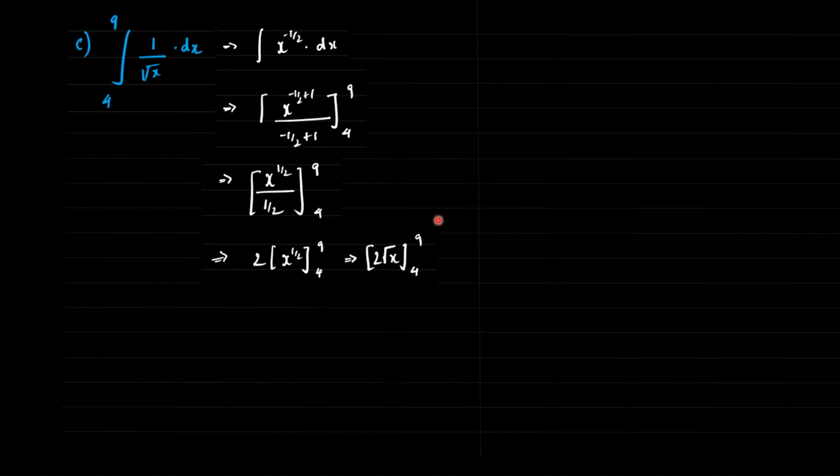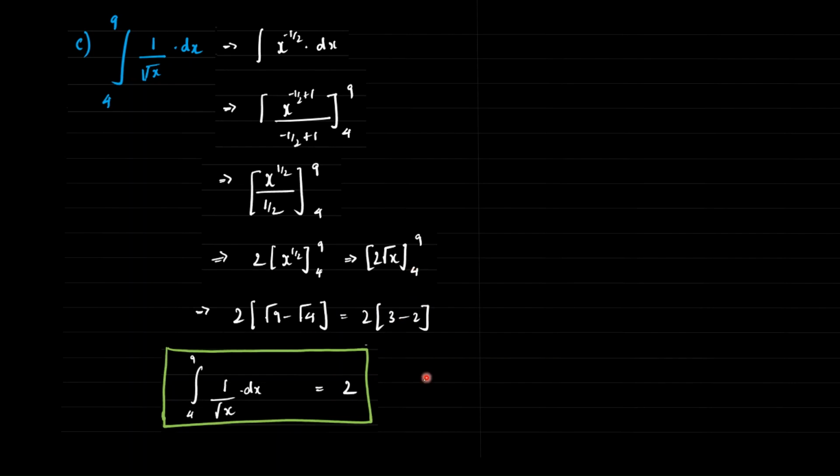From 4 to 9, I will substitute the value of 9 and 4. 2 multiplied by square root of 9, square root of 4 is going to be 2, and 3, when I subtract both of them, it is going to be 1. 2 multiplied by 1, the value of integral 1 over square root of x from 4 to 9 is going to be equal to 2. Let's move on to the next question, and I will be taking up a trigonometric question later on as well.